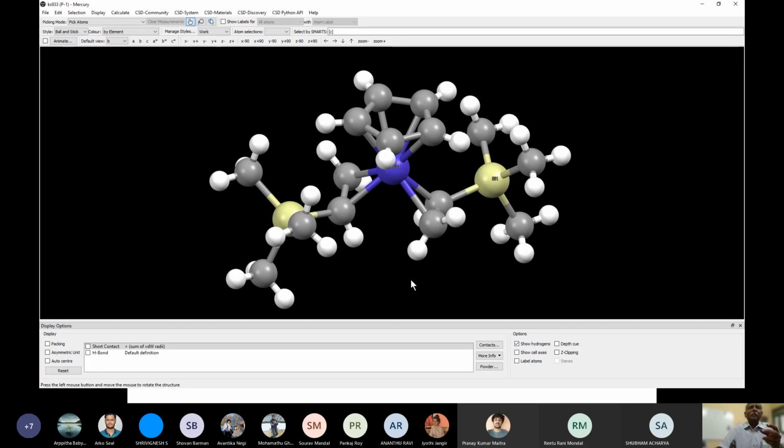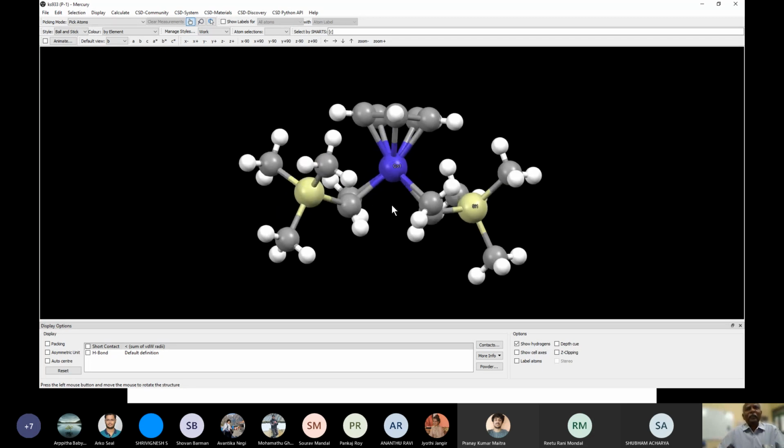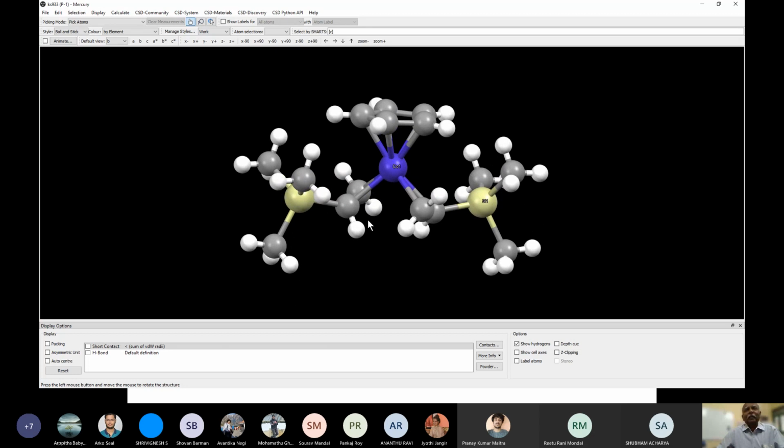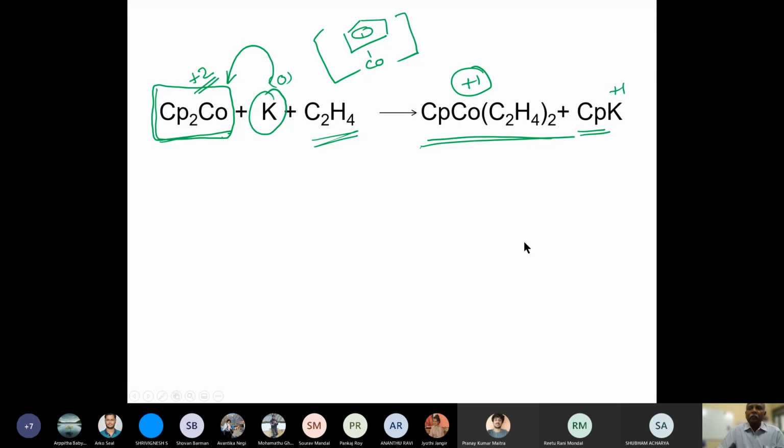That is the reason why you cannot form a nickel tetraethylene complex. So the way in which you have to interact the metal with the olefin is such that the pi face has to be looking at the metal atom. If I have two olefins, then both pi faces are looking at the metal atom at the center, right? So I hope this is clear. Now we'll go back.